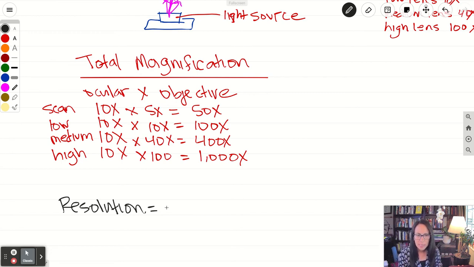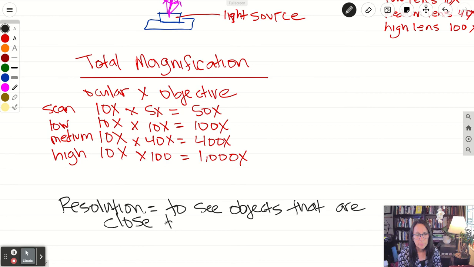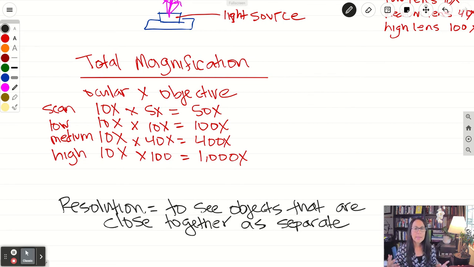So I'm going to say that to see objects that are close together as separate. And so the more magnification you have, the better the resolution is.